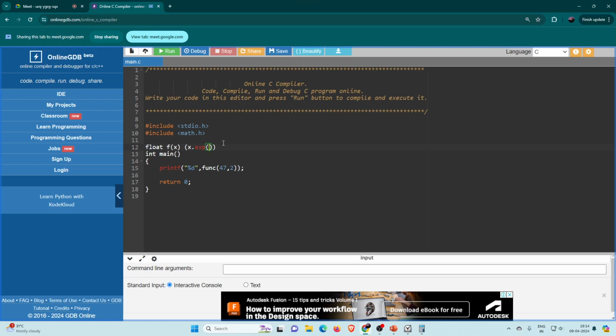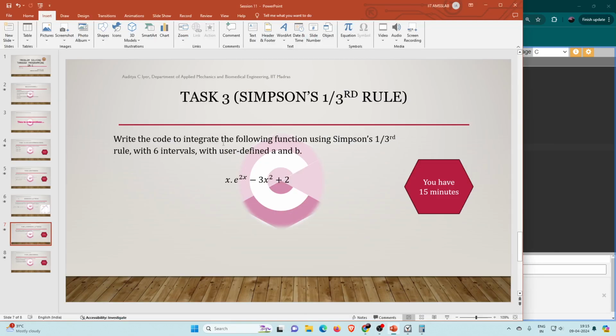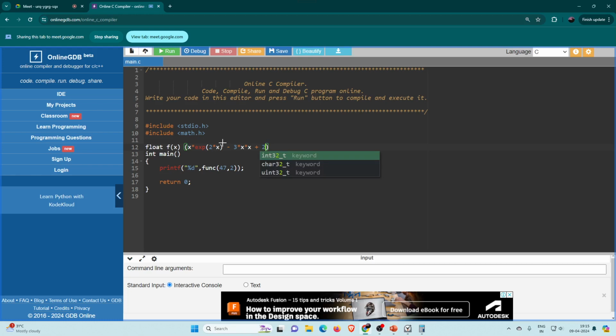It was x into e power 2x, right? So 2 into x. Obviously, you have to use star and not dot like me. So x into e power 2x minus 3x square. So 3 into x plus 2. Right. So this is done. My function has been defined.